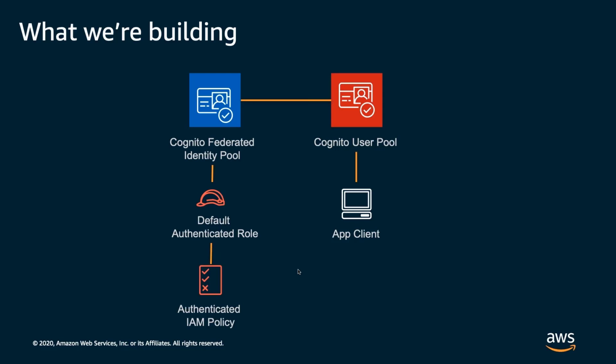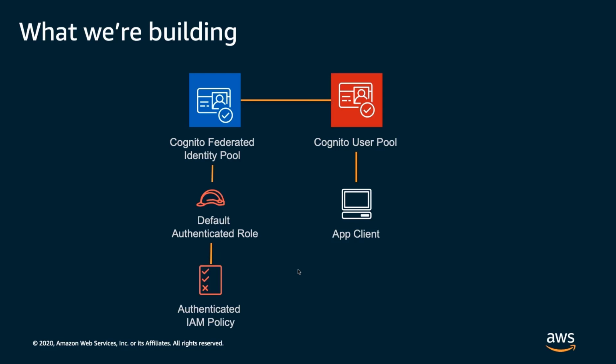And if you're not familiar with Cognito, Cognito user pools is an identity provider. So it keeps track of your users, passwords, groups, permissions, those types of things. And an app client represents a type of access to that pool or an application that will access that pool, because Cognito user pools can be used across different applications. So we're going to define one app client for that user pool, and we're going to tie that user pool to something called a Cognito federated identity pool.